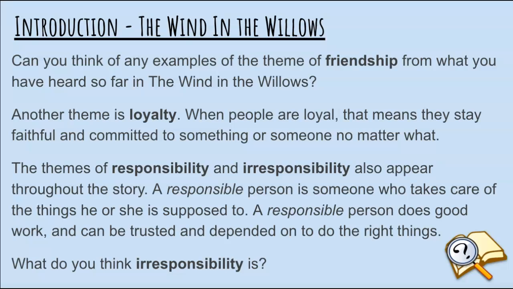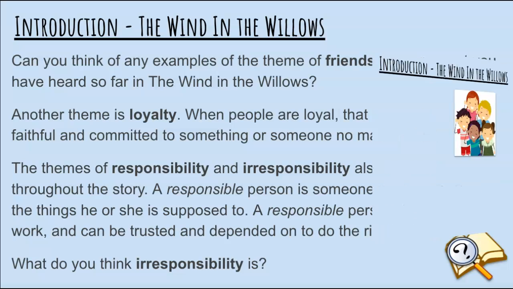I think it means the opposite of being responsible. So an irresponsible person is someone who does not take care of the things they are supposed to. And an irresponsible person does not do good work. They probably rush and don't take their time, and they cannot be trusted and depended on to do the right things all the time.